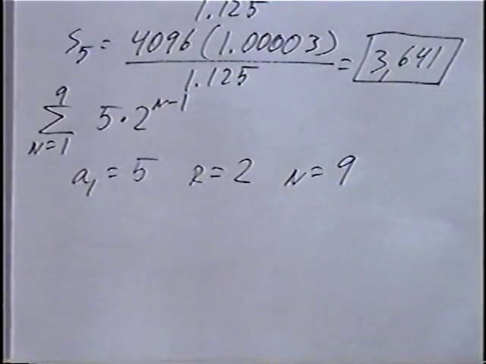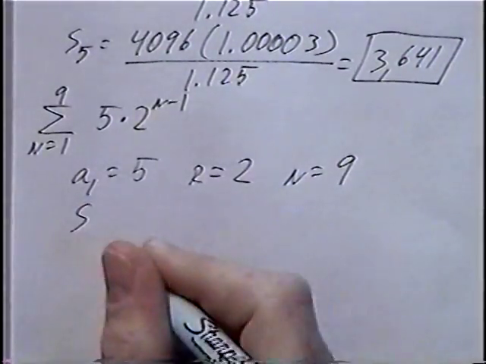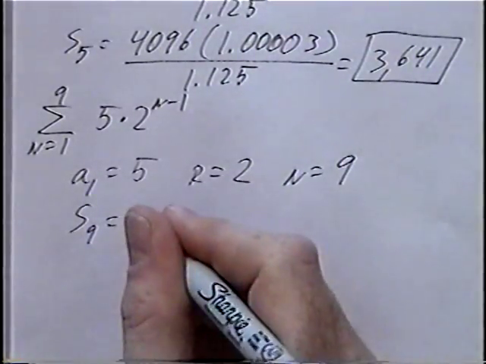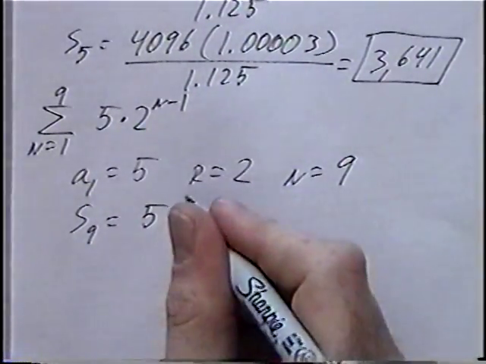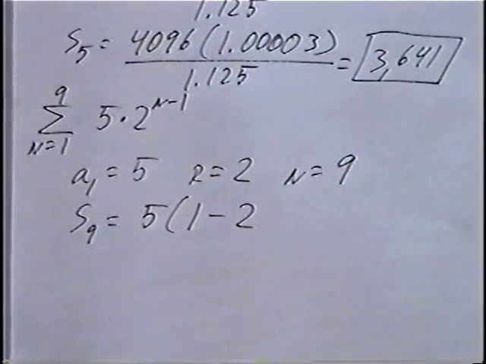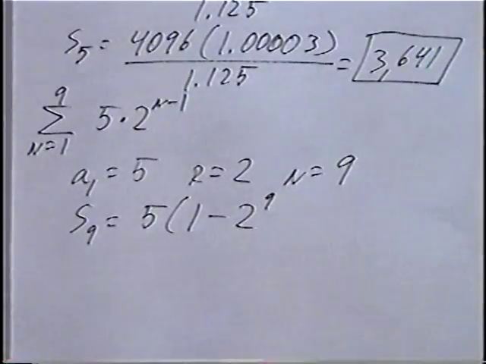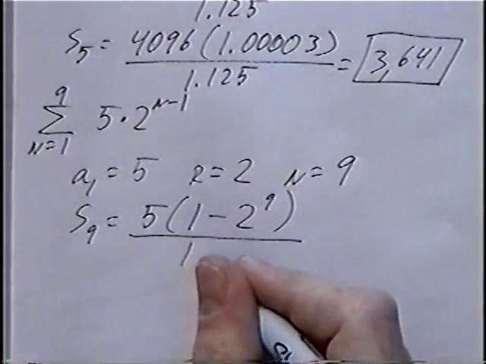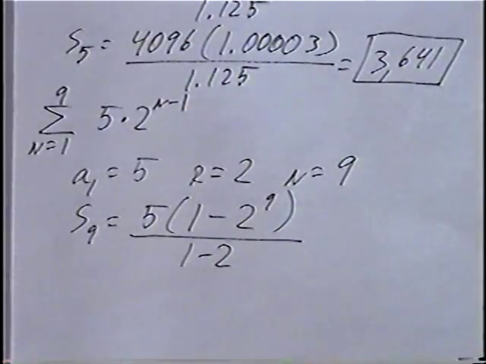Plugging these numbers into the formula, S sub 9 for 9 terms would be a1, which is 5, in parentheses, 1 minus r, r would be 2, and to the n power, which would be 9, divided by 1 minus r, which would be 1 minus 2.